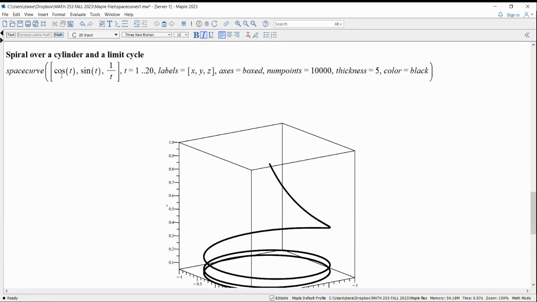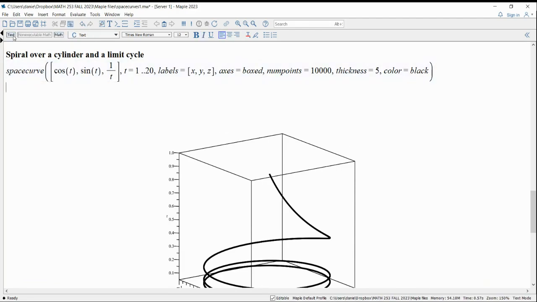This is when x and y move on a circle, because x equals cosine t, y equals sine t means x squared plus y squared is equal to 1, the same as sine squared t plus cosine squared t equals 1.